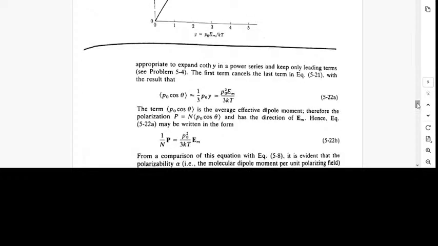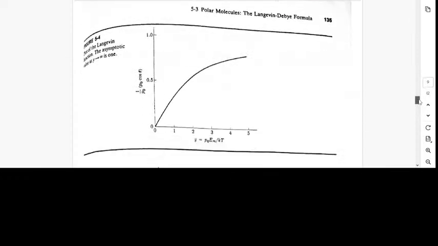It will become p naught square Em over 3kT, because p naught is present here, and one p naught from equation 5.20. And this term, the average of p naught cos theta, is the average effective dipole moment.